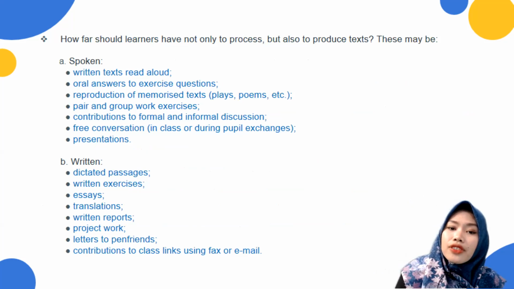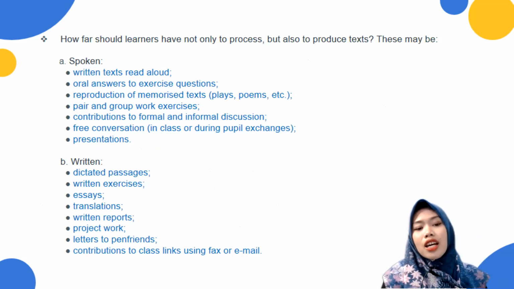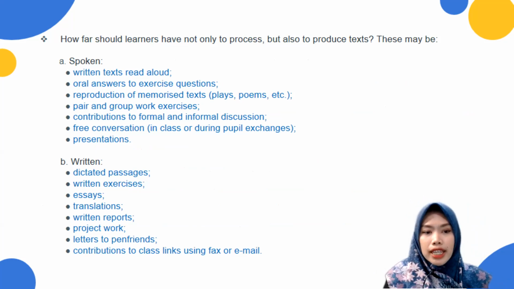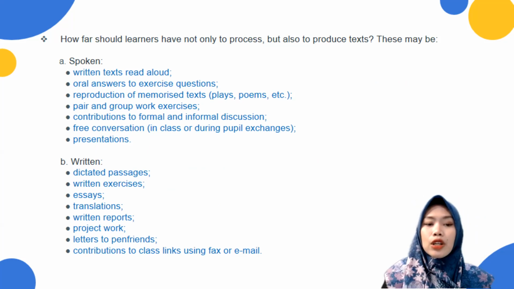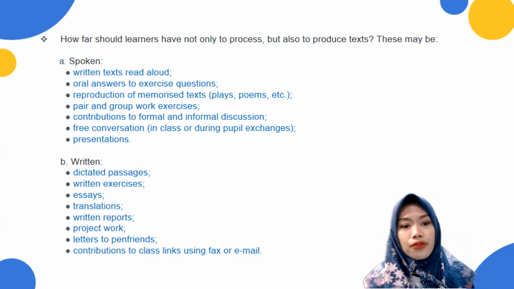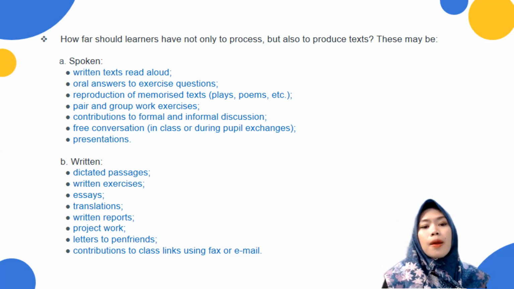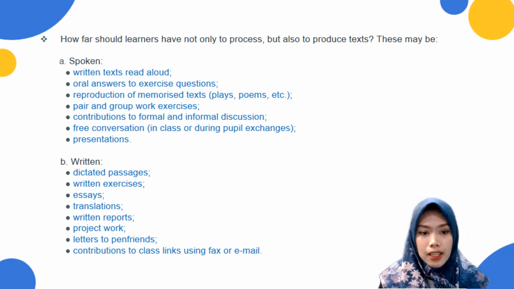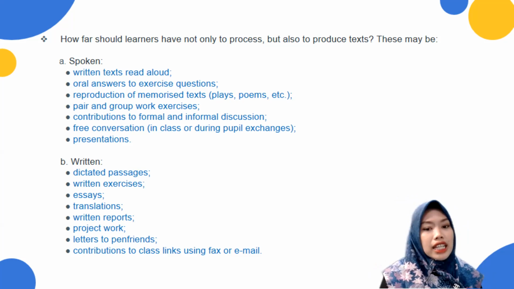How far should learners have not only to process, but also to produce text? This may be for spoken and written. Spoken: written text read aloud. So we should read aloud the written text, and then oral answer to exercise questions, and then reproduction of memorized text, plays and poems maybe, and then pair and group work exercises, contribution to formal and informal discussion, free conversation in class or during pupil exchange, and then the last is presentation.